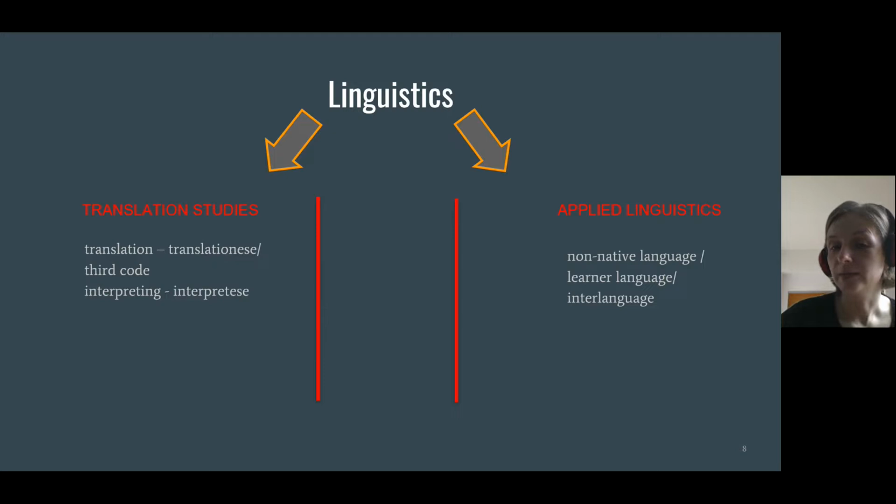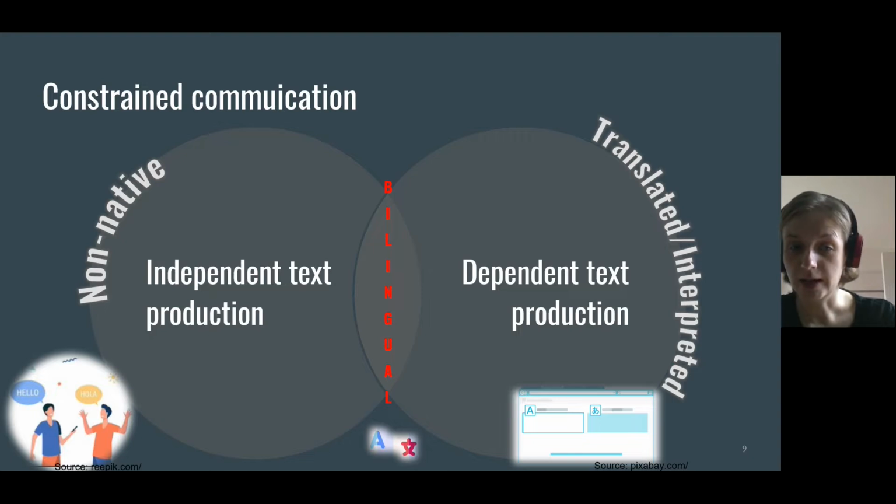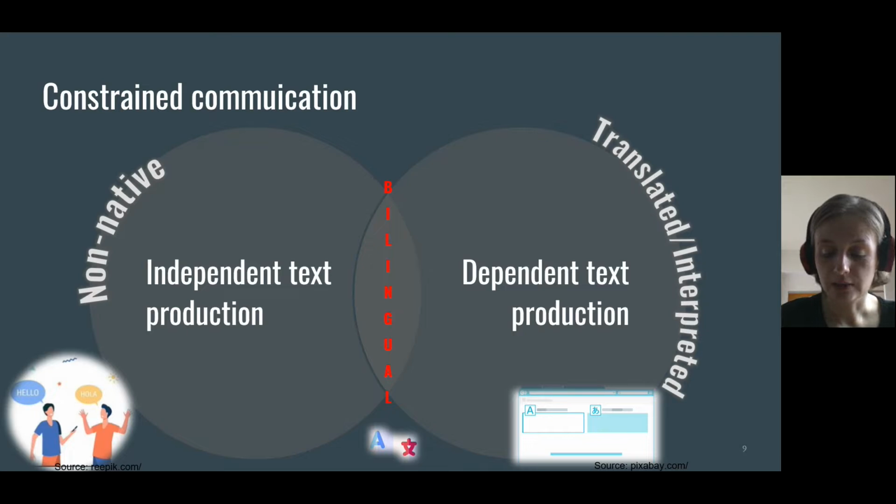And now I'm bringing the two branches of linguistics together to investigate constrained communication. Constrained communication would be communication in all these situations when you have additional limitations to the way you speak.